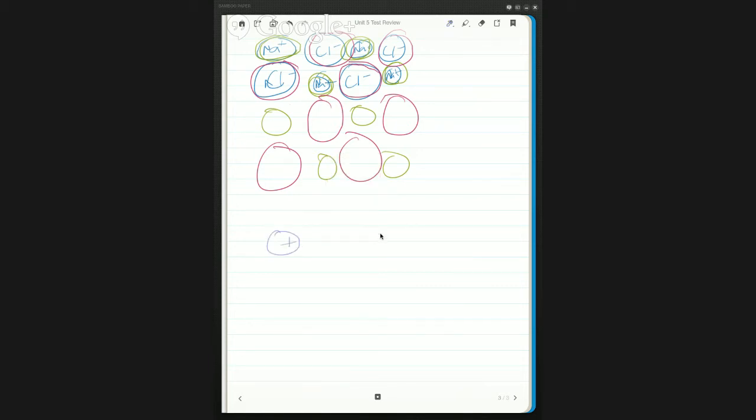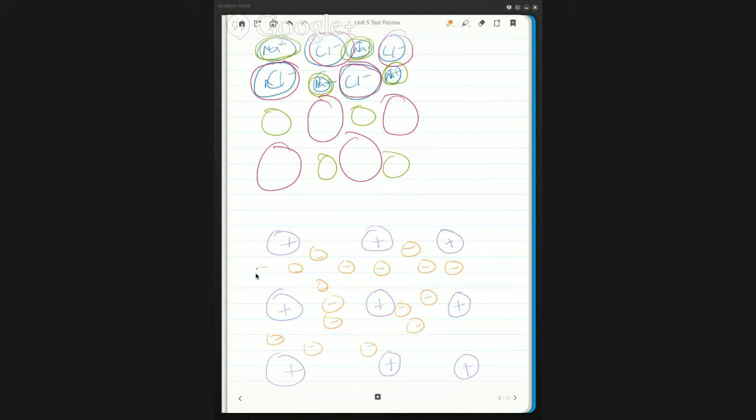This is a plus. So metals set up like this. A lattice just means that it's this alternating, sort of repeating pattern. And then there's a bunch of little electrons that are not localized to any one atom, and they're just all over here.